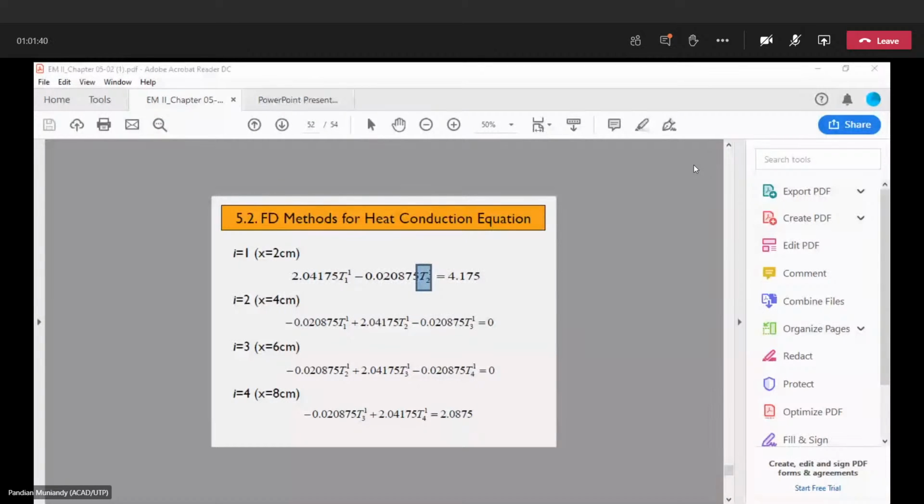T11 you have to substitute 2.04503, divided by 2.04175.